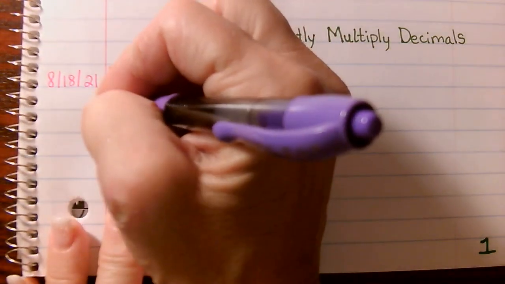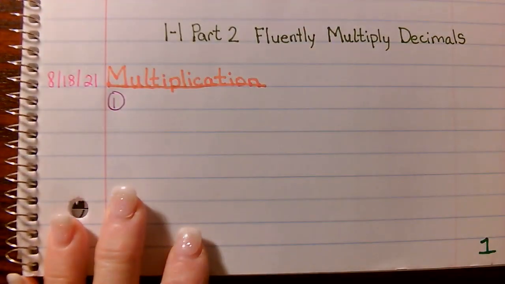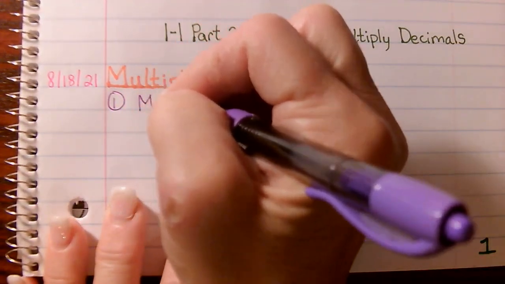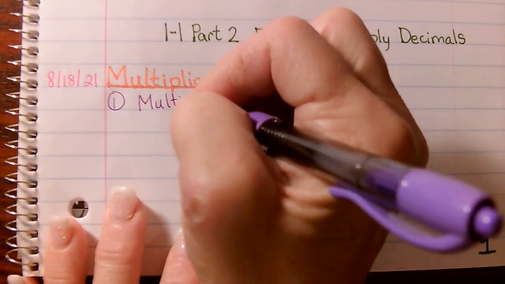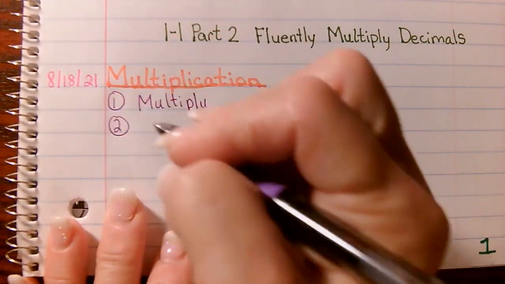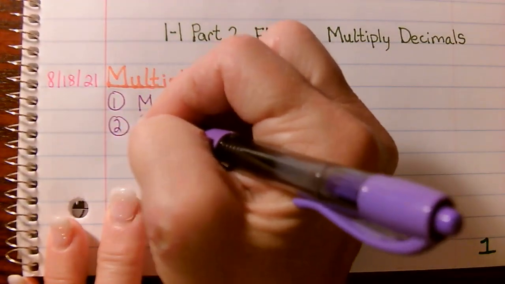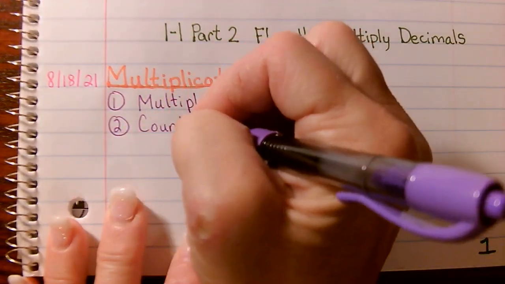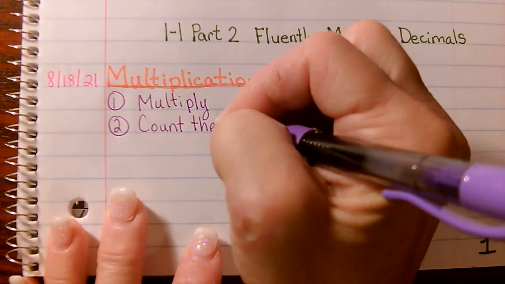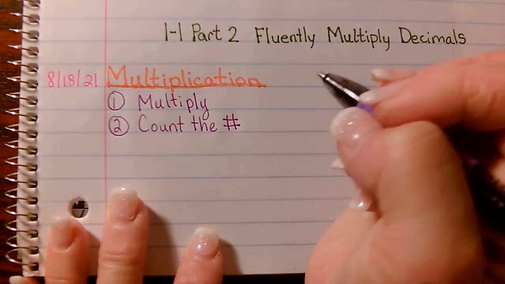Starting with number 1, multiply. Followed by 2, count the number. And I'm going to use this hashtag symbol as number because that's what it also means.